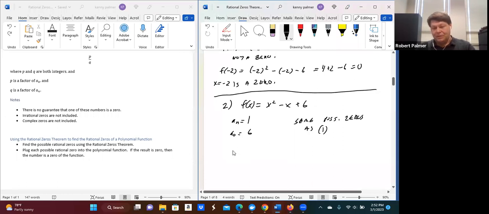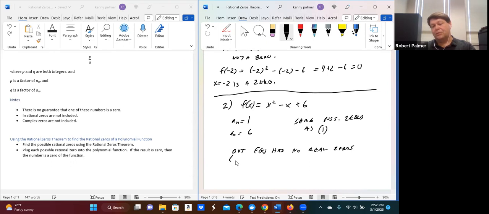But this f of x has no real zeros. That includes rational zeros. Basically, what that means is it would have complex zeros.